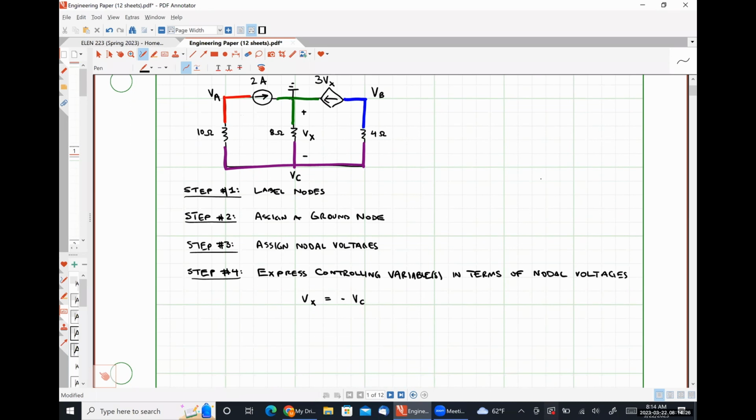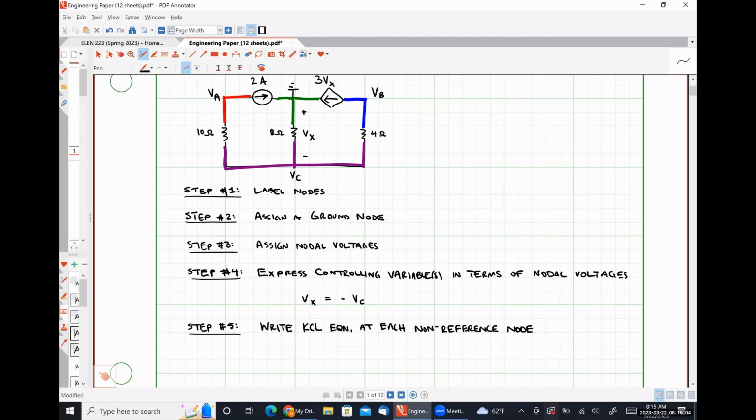All right. The next thing that we're going to do, step number 5, is we are going to write a KCL equation at each non-reference node. Okay.